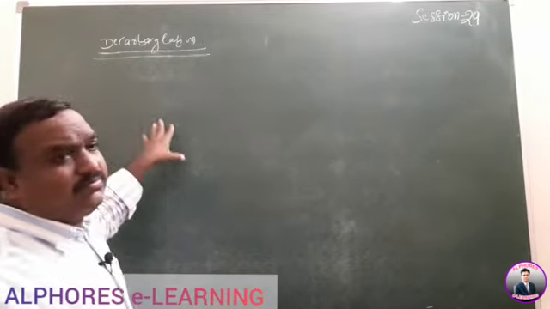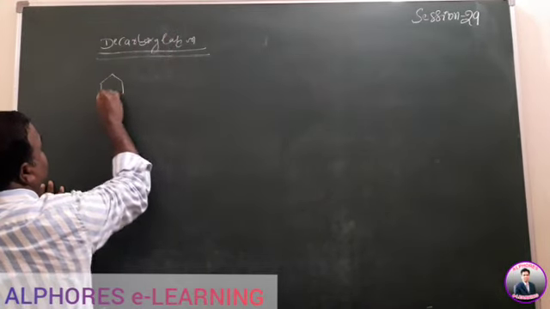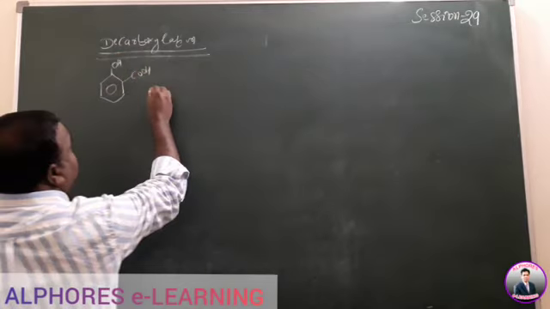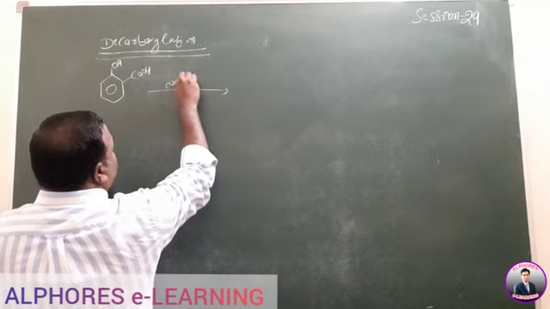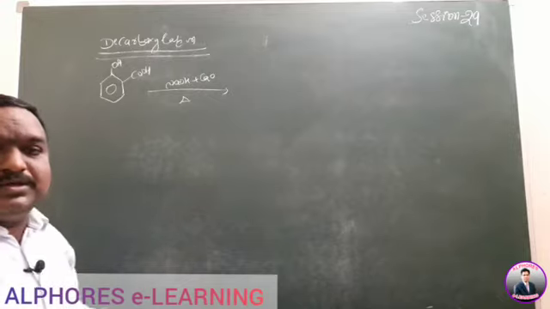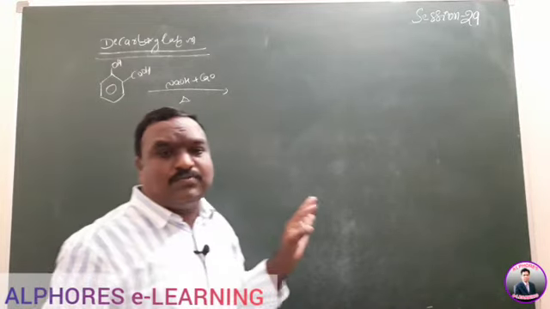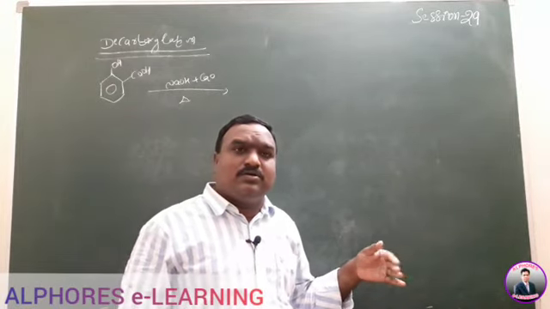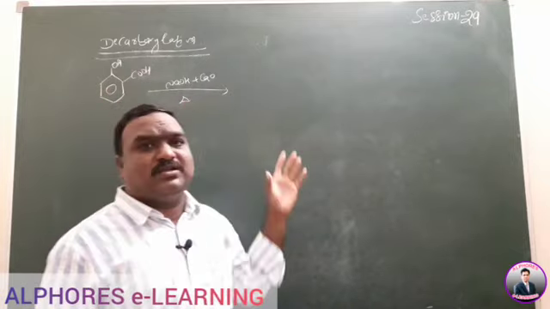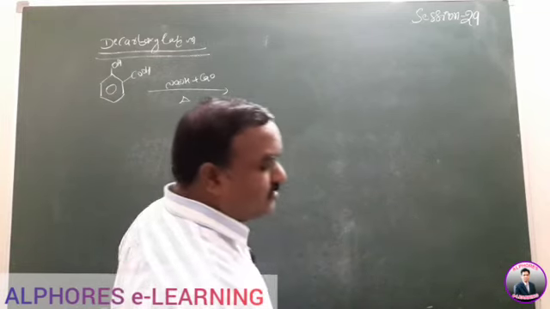One of the preparation methods for phenol: suppose salicylic acid is given, meaning OH here and COOH. The salicylic acid reacts with soda lime, NaOH plus CaO mixture, in the presence of temperature. So CO2 is removed and it forms the ONa compound here. If you do acid hydrolysis, then it forms the phenol compound.